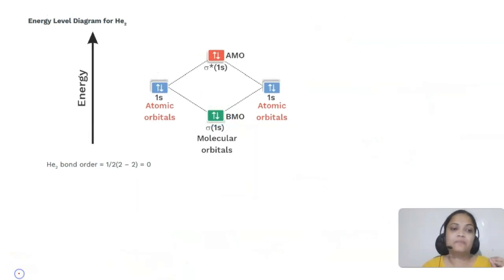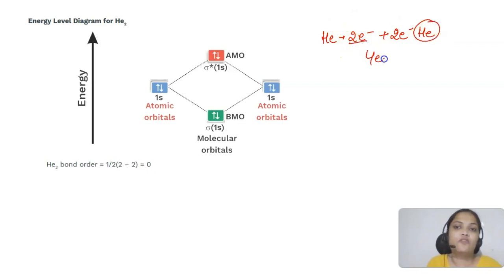Keep that in mind. Next, for He2. Now you know helium has atomic number 2, 2 electrons. So 2 plus 2 means 2 atoms से आएंगे. So total 4 electrons we have to fill. Again the configuration will be sigma. Now 2 electrons I have filled in sigma 1s. Now the other 2 electrons will go to the anti-bonding molecular orbital.